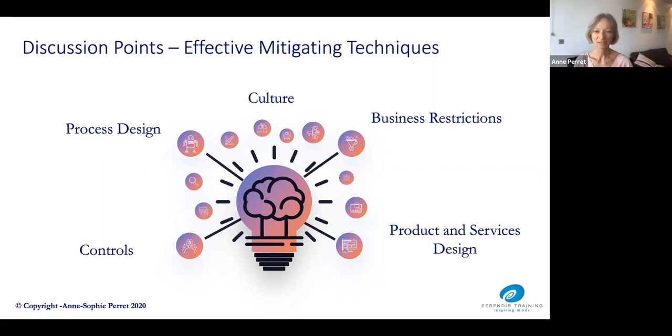But again, business restrictions, you need to have mechanisms in place, especially at the second line, but definitely in the first line, to make sure that these are applied. Very important. I know some banks, I'm not going to name them, that have set a brilliant risk appetite, but no one is checking what the first line is doing on the ground. So you discover that they've been doing business with Iran or with Afghanistan and Somalia, where actually these countries were prohibited in the risk appetite statement, because no one checks.